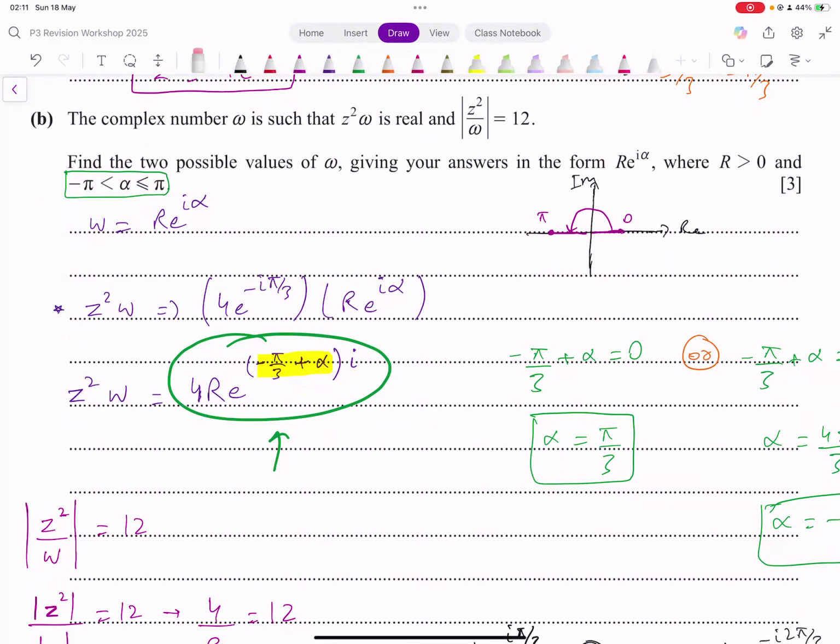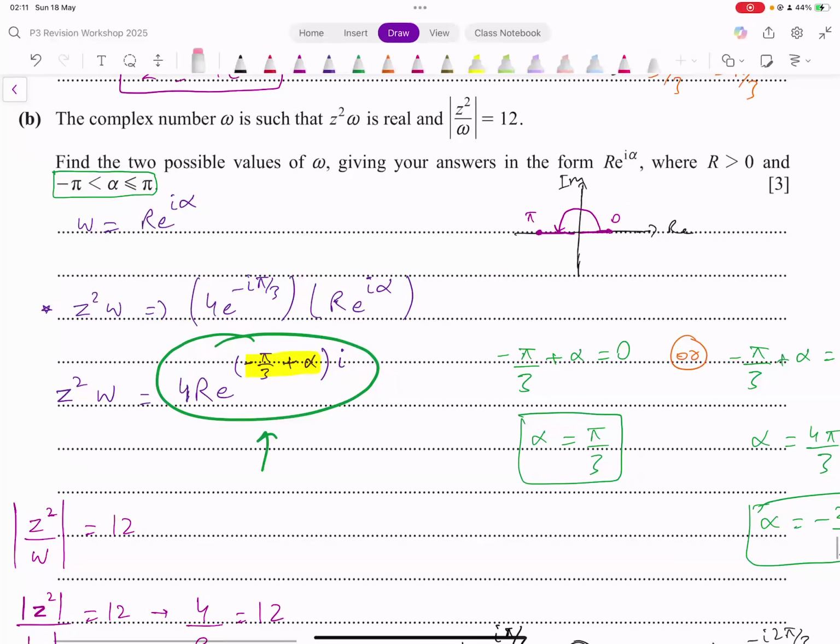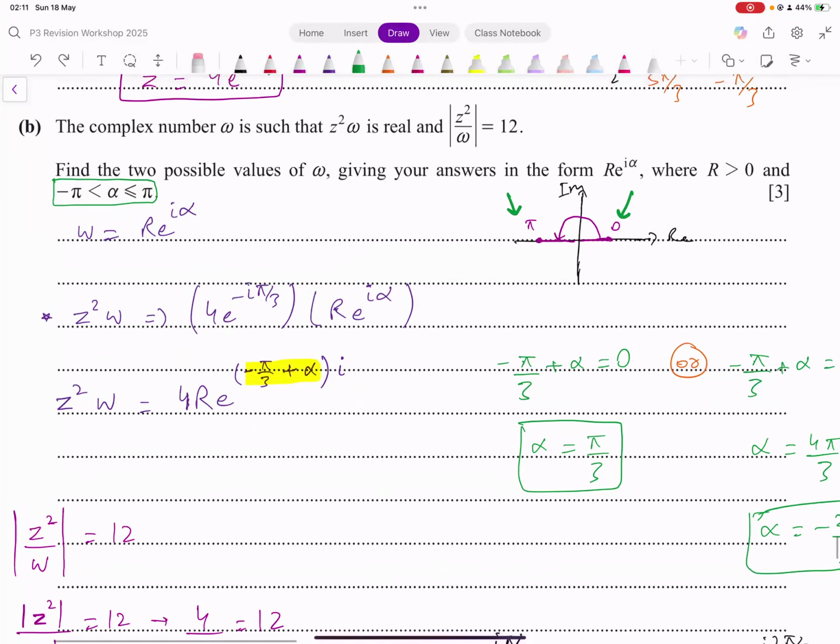That means it has to be on the horizontal axis. If it is on the horizontal axis, then the argument would either be 0 or it would be pi, right? It would either be on the right side or on the left side. So argument can either be 0 or pi. These are the only two possibilities that we have.